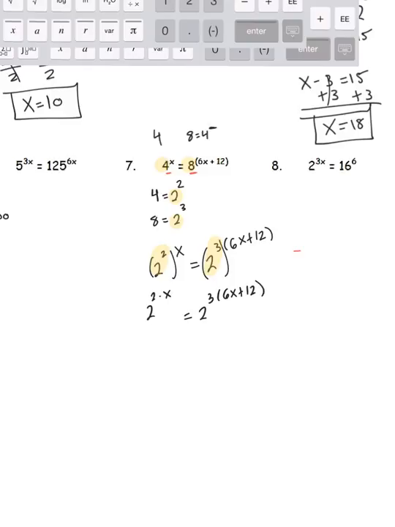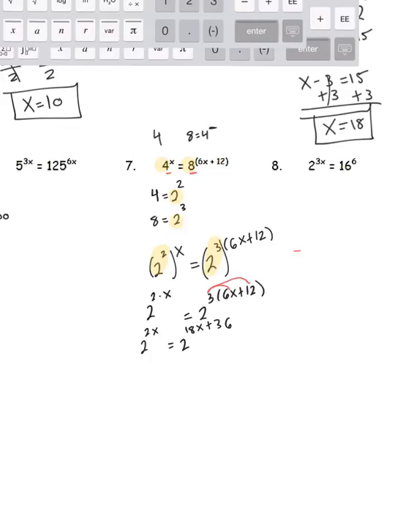So on the left-hand side, we're going to end up getting just 2 to the 2x. On the right-hand side, I need to distribute that 3 on the outside to both of the terms inside the parentheses. So 3 times 6x gets me 18x, and 3 times 12, 36.